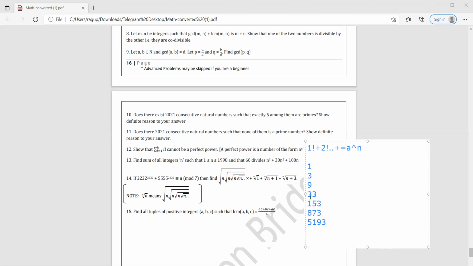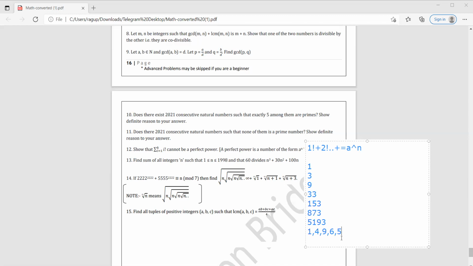And you'll notice that the last digit, from 33 onwards, is 3 only. But if sigma i factorial has to be a perfect square, then if you notice, perfect squares have either 1, 4, 9, 6, or 5 as their unit digits. And we can also prove this by using mod 10.